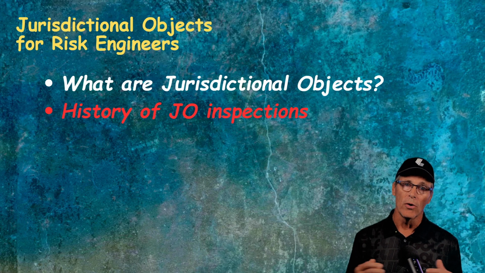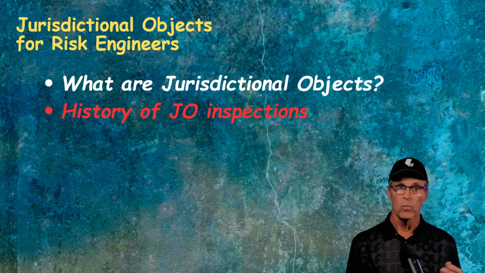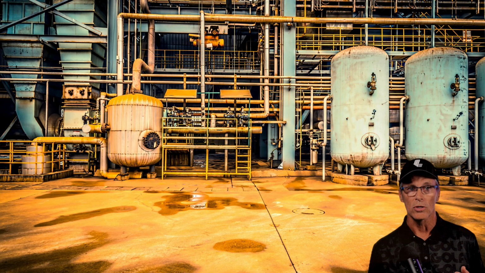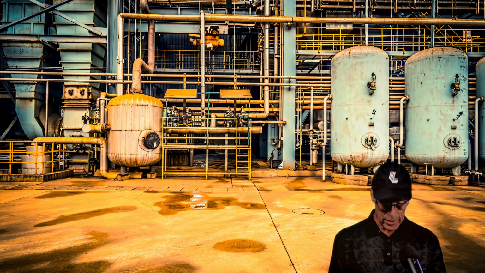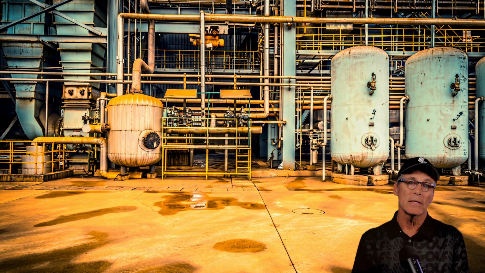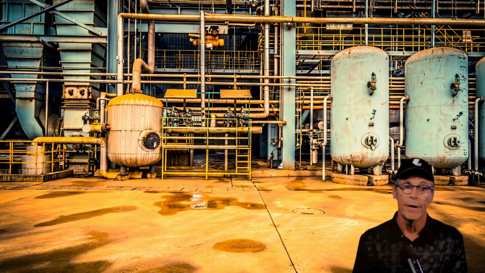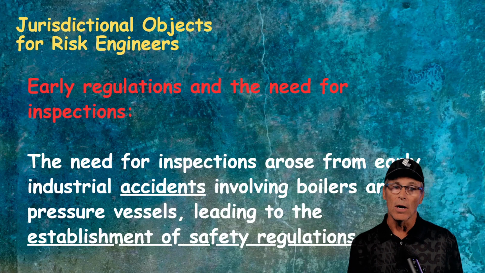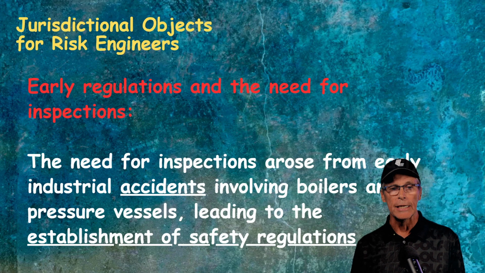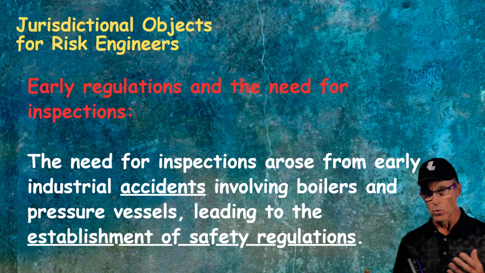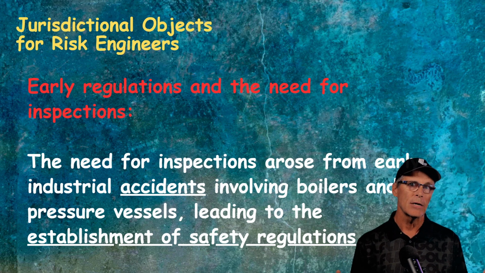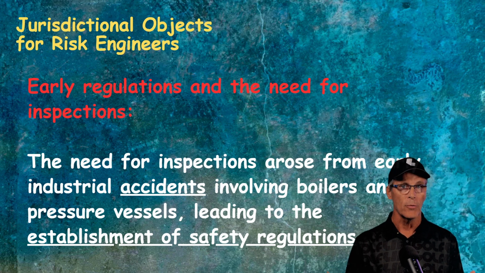So how did we get started with jurisdictional inspections? What was the reason for doing jurisdictional inspections? It started basically because there were accidents in industry, right? We had failures of equipment out there in schools and churches. And if you think about schools and churches, what they have in common is cyclic operation.